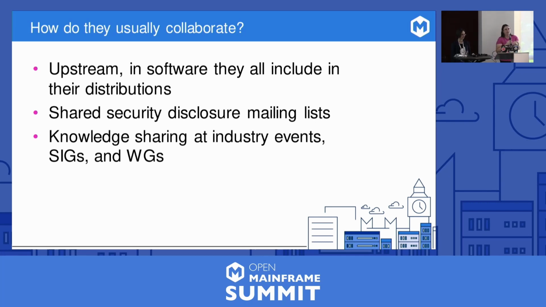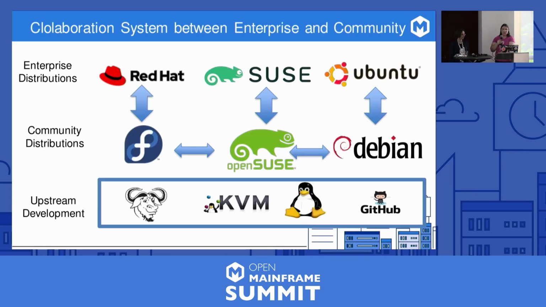There's a secret mailing list for Linux distributions, a subset of the security list, which can share security vulnerabilities just among the Linux distribution leads who have proven that they are affiliated with a distribution. And finally, they do knowledge sharing at industry events like this one, but also through special interest groups and working groups like the one that we created.